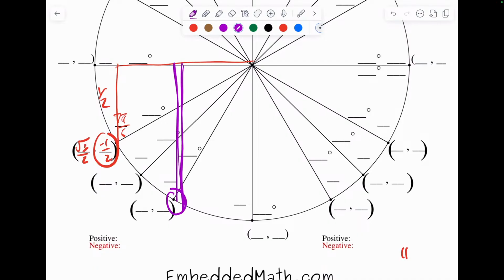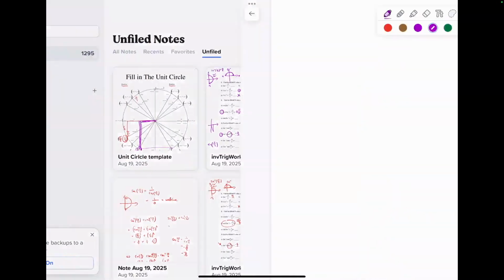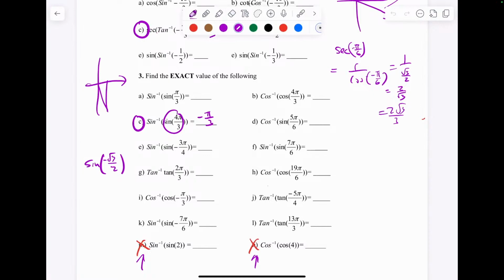It has a longer y, shorter x. So it has to be square root 3 over 2 negative because it's longer y. And if you match it to the other side, that's how you get that answer. Is that okay?